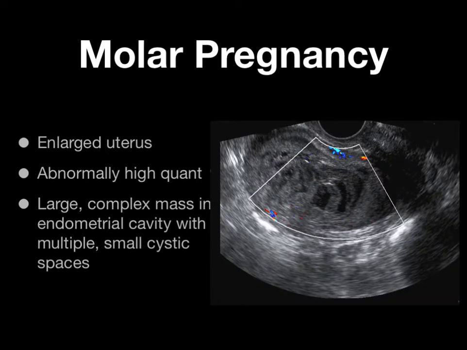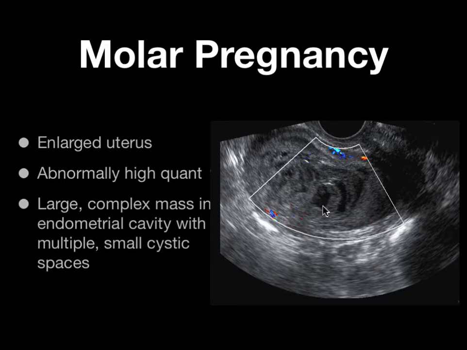With molar pregnancy, most of the findings that have been described are ones that you're going to find in late first trimester, early second trimester, where you're going to have an enlarged uterus and abnormally high quant, and sonographically, you're going to have the classic cluster of grapes appearance. You're going to have a complex mass within the endometrial cavity with multiple small cystic spaces.